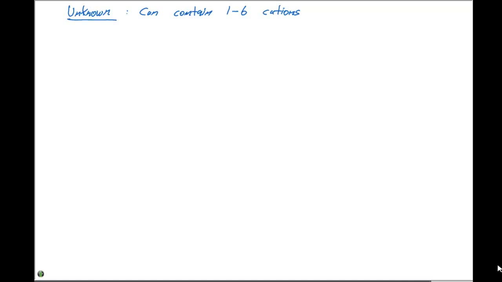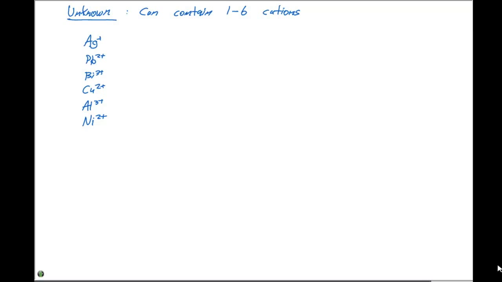And the 6 cations that we're going to look at are silver plus, lead 2 plus, bismuth 3 plus, copper 2 plus, aluminum 3 plus, and nickel 2 plus.